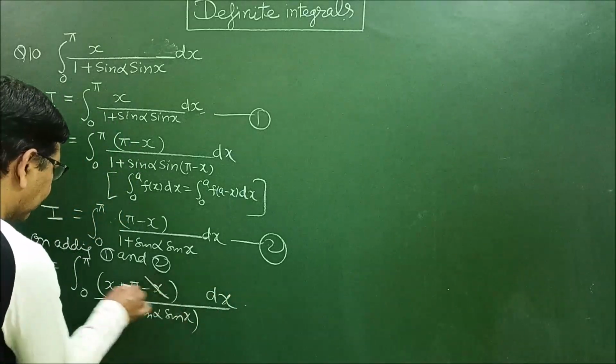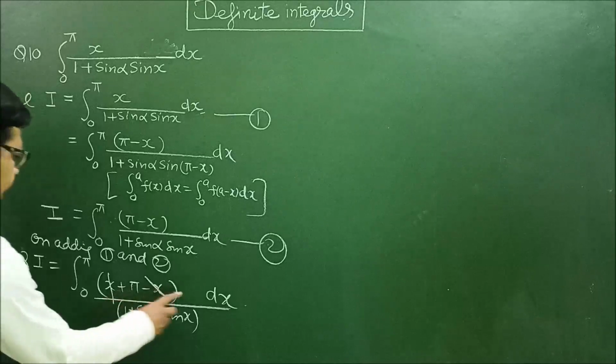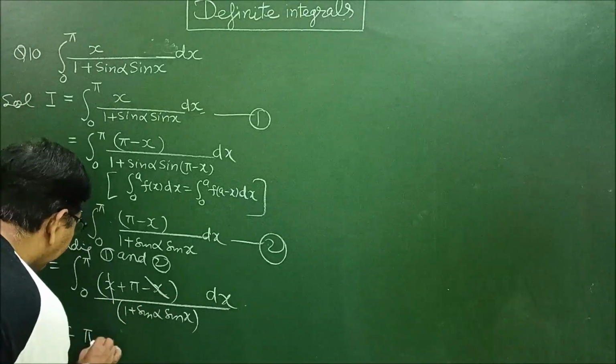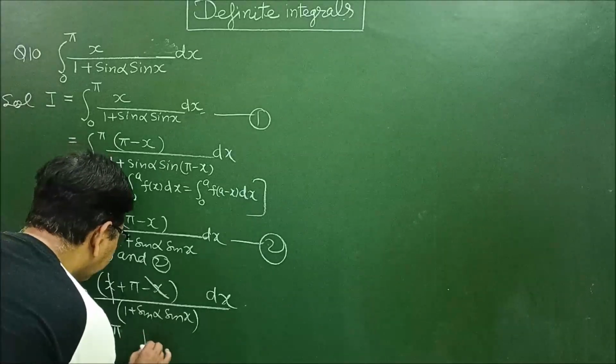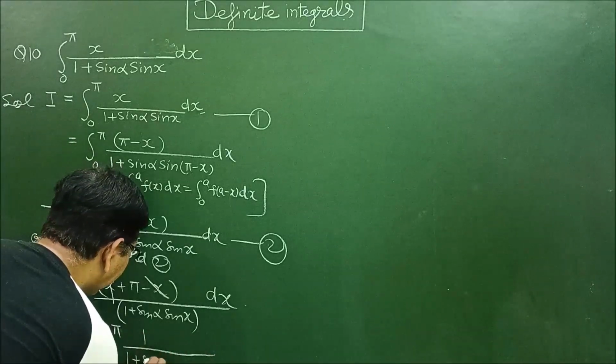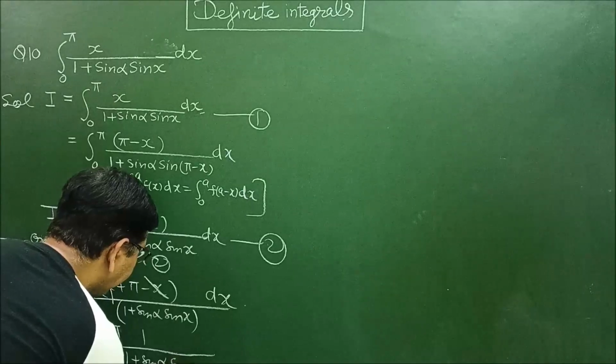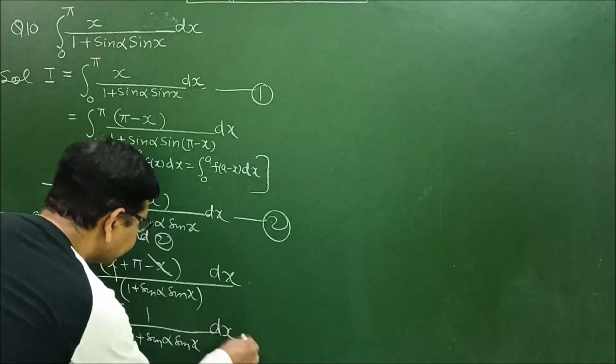Then x and x cancel, and pi is a constant, so we can take it outside: 2I equals pi times integral 0 to pi of 1 upon 1 plus sin alpha into sin x dx.